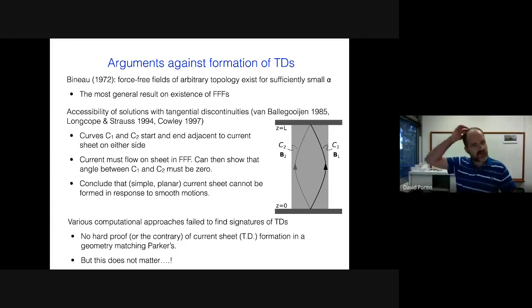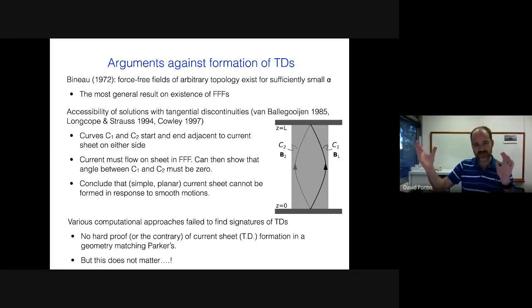Arguments on the accessibility of solutions. So with tangential discontinuities, it clearly has to be the case in a mathematical sense that the space of all force-free fields must be much larger than the space of smooth force-free fields.